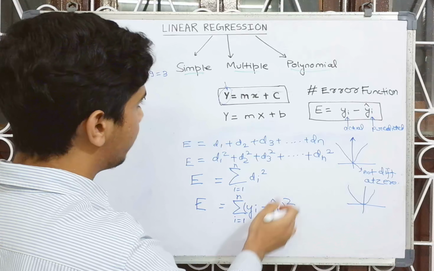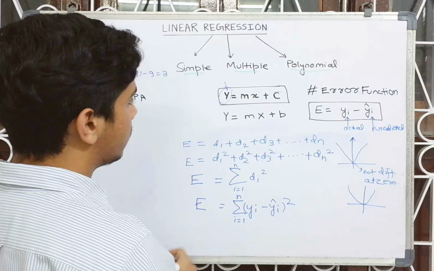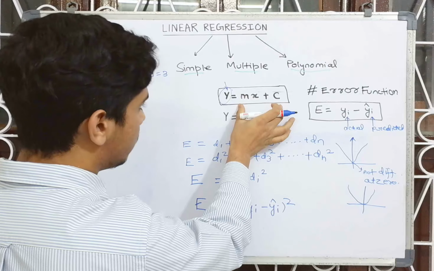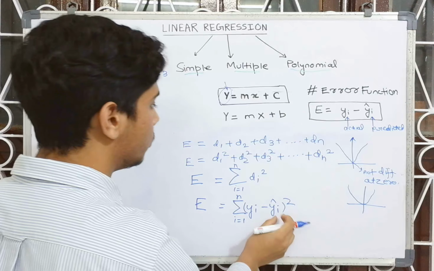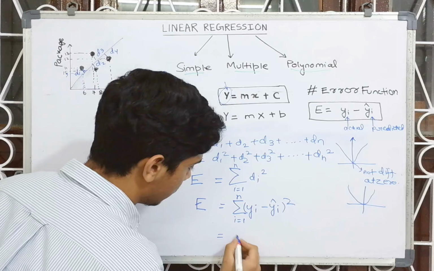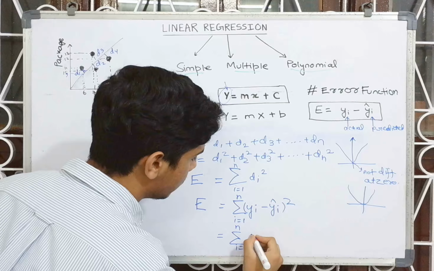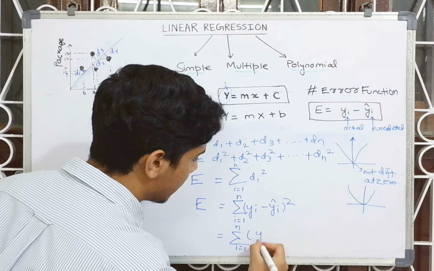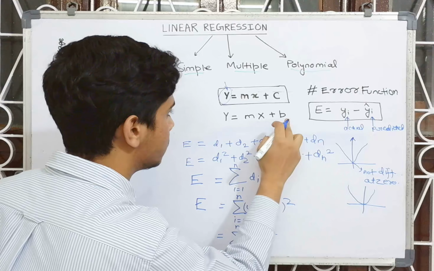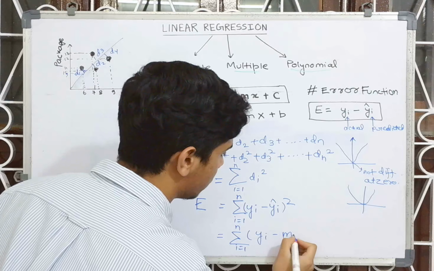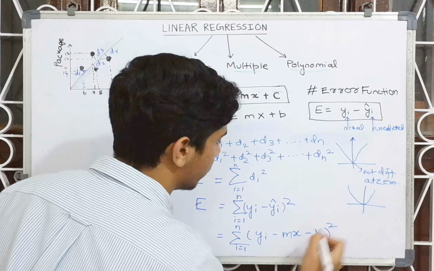So what is the prediction? This is the line equation. This is the prediction we will make. So we write this into this. Here, summation i equals 1 to n, and yi minus yi cap is nothing but yi minus mx minus b, whole square.